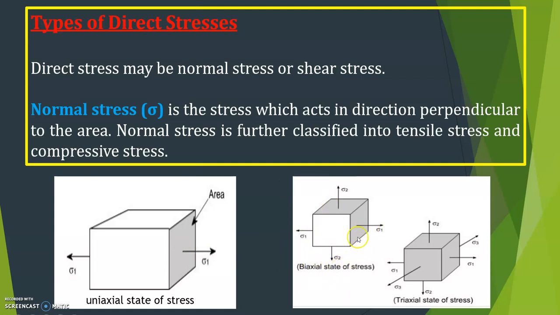Here you can see the biaxial state of stress, where two mutually perpendicular normal stresses act. One is in the x direction and the other is in the y direction: sigma 1 and sigma 2.